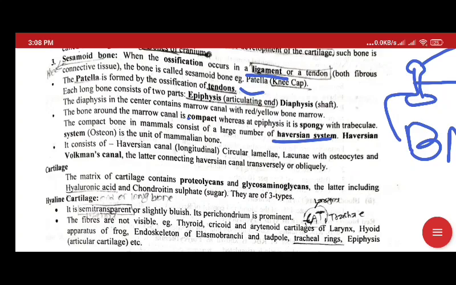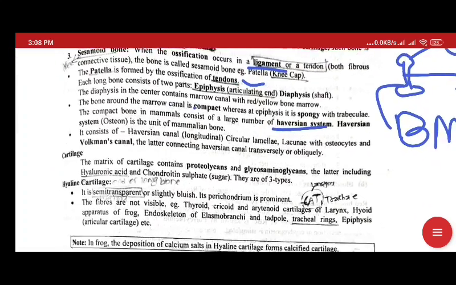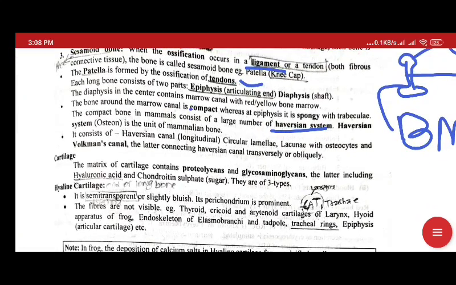Now those osteocyte cells are connected by the canal, that is called Volkmann canal. And the Haversian system is the bone system of compact bone, a cell grouping, that is called the Haversian system.